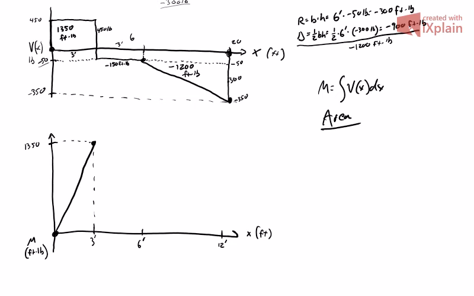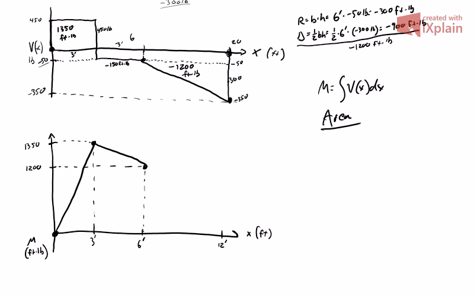So, boom, there's our going up. And then we have a spot where we go down by 150 foot-pounds. So 1,350 minus 150 is 1,200. So we have to be at 1,200 by the time we get to 6 feet. So we connect those lines. And then we have our negative 1,200 foot-pound triangle-rectangle combination figure, right?